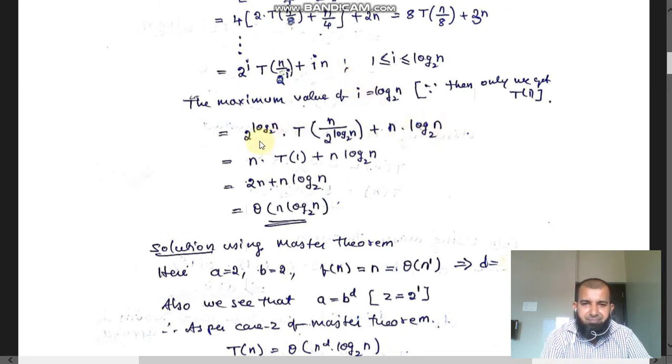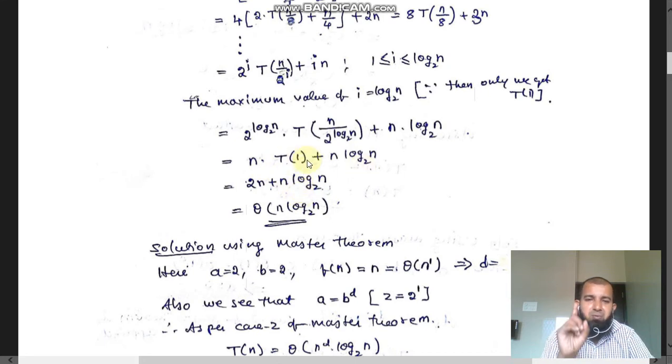Then n into T of 1, because 2 to the power of log n base 2 gets cancelled. What is remaining? N you take outside, T of 1 is remaining, plus n log n base 2.